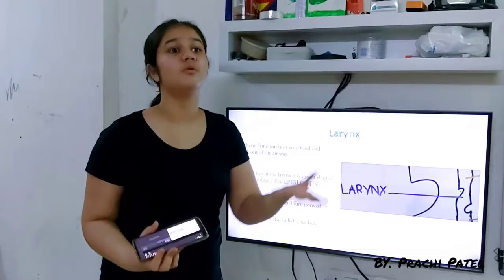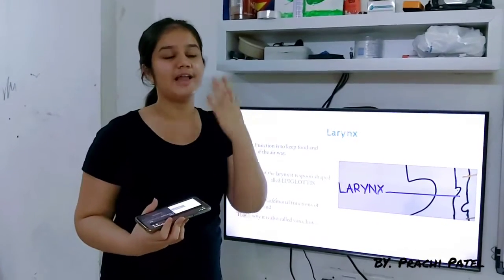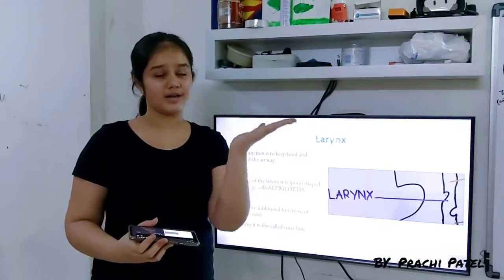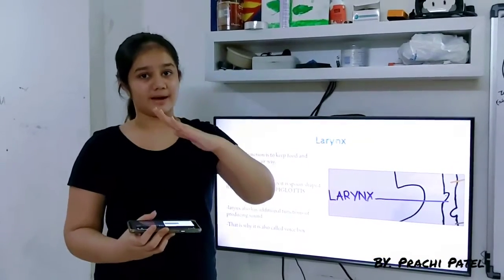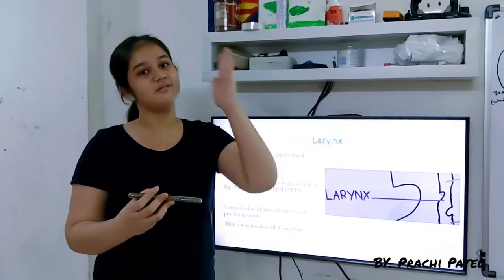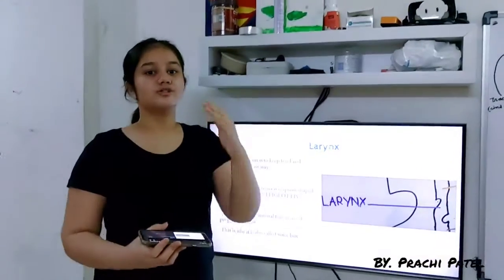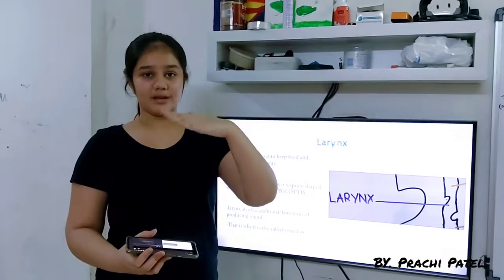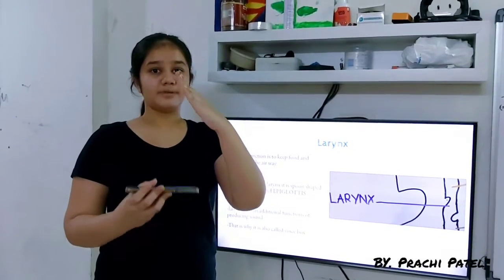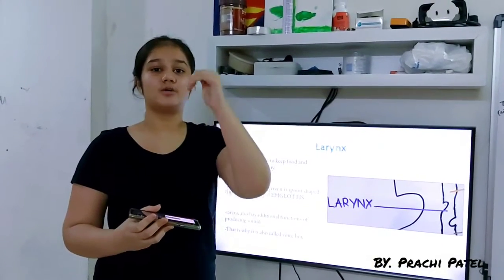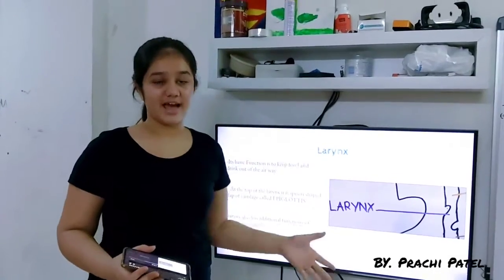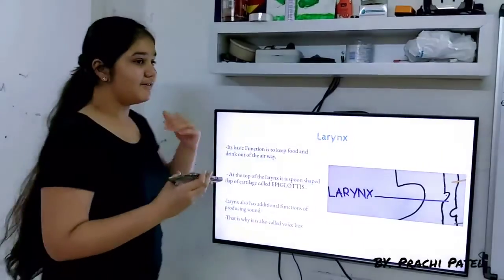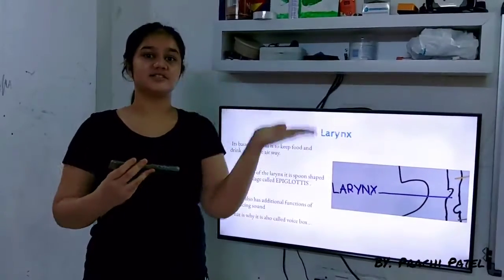Because we take in air while we talk. So the larynx's job is to separate our food pipe and windpipe, which are the digestive system and the respiratory system. While we are eating, the larynx closes off the windpipe, so food doesn't enter our lungs and goes directly into the digestive system. And when we take in oxygen, it just turns over here.